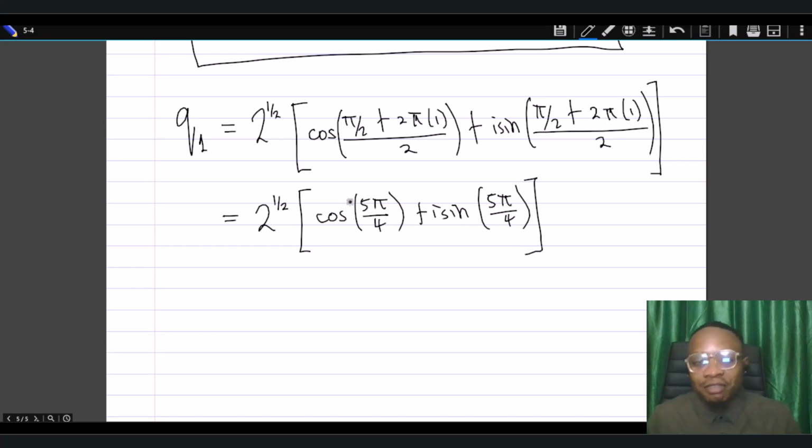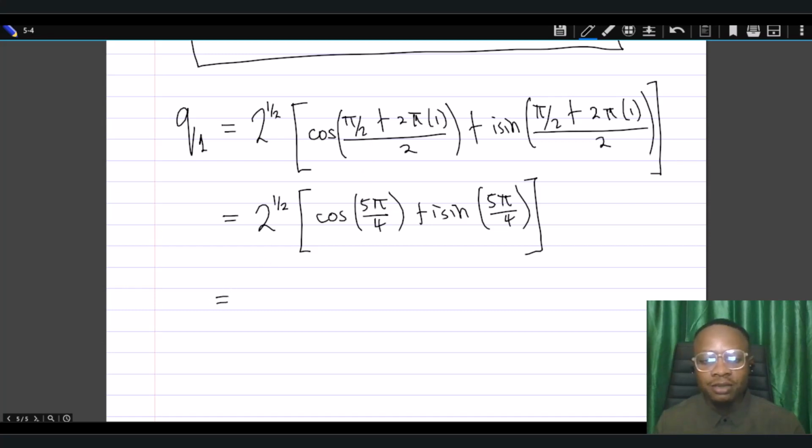Again, we have 5 pi over 4 being something that exceeds pi. Yes, we can use it this way if we just wanted to get our result in the form a plus ib. This is above pi, so we can put the argument in standard form. If we wanted the result to be in modulus argument form, we wouldn't leave it this way. We would have to put it so that it falls between minus pi and pi. This is already exceeding pi, so we can just subtract 2 pi from it. That does not change the value of the results.